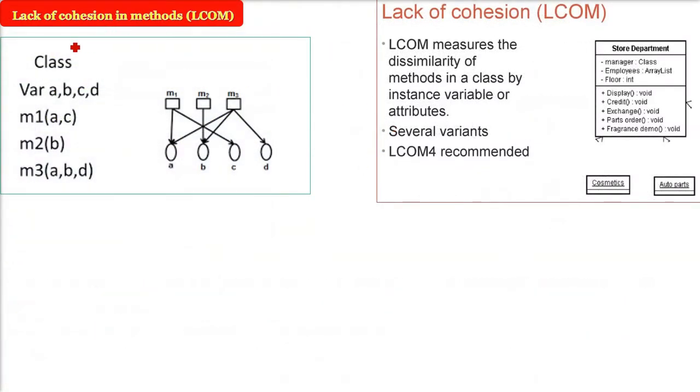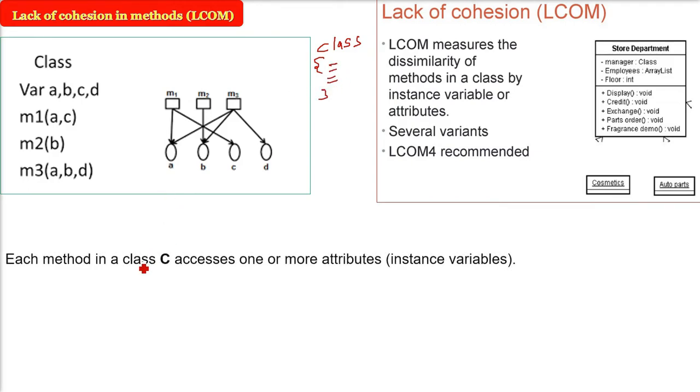Lack of cohesion in methods, LCOM. Now LCOM measures the dissimilarity of methods in a class by instance variables or attributes. There are different variants. Let me take an example of a class. We want cohesion to be there inside a class. Each method in a class is bound to access one or more attributes.